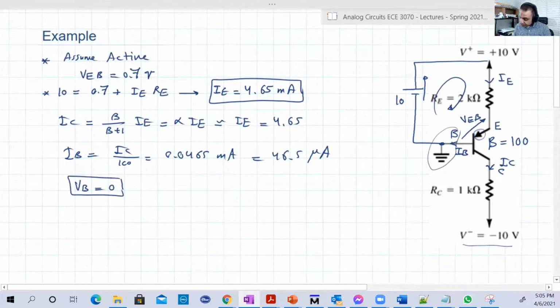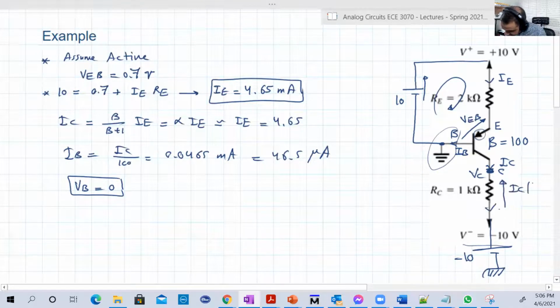Now VC. Here is VC, the collector. We can draw this like this battery. It's -10 here, and the current is flowing in that direction. So this is ICRC, and this is the battery, -10. Both are in the same direction.